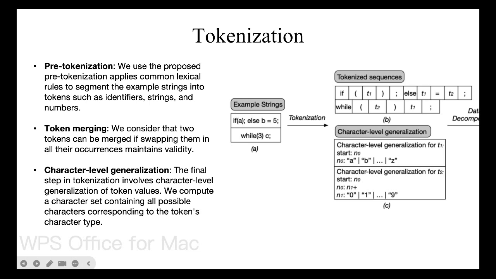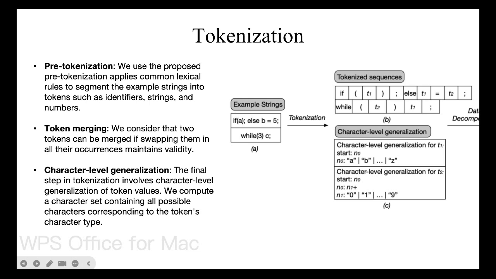First, we tokenize the example strings. We use the proposed pre-tokenization, which applies common lexical rules to segment the example strings into tokens such as identifiers, strings, and numbers.